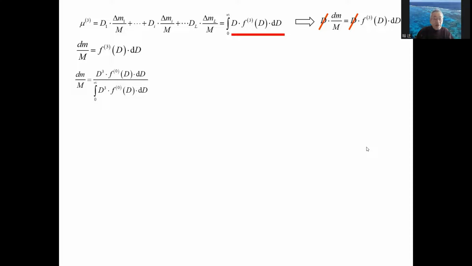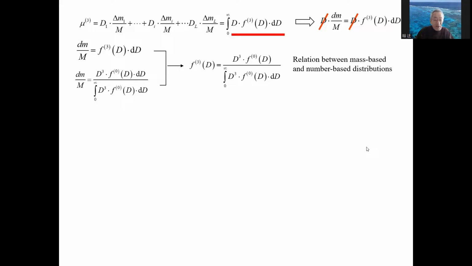The equation on the third line is the one obtained before. From these two equations, the relationship between the mass-based distribution function f3d and the number-based distribution function f0d is obtained.